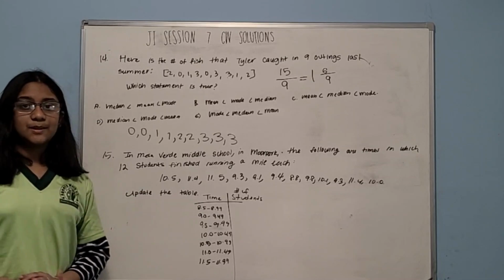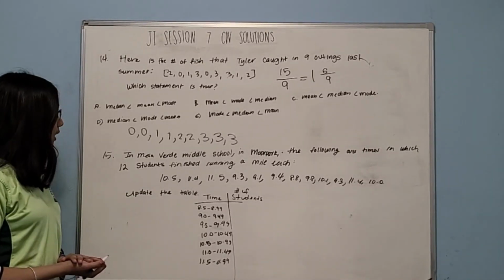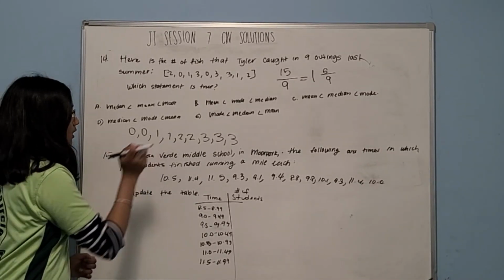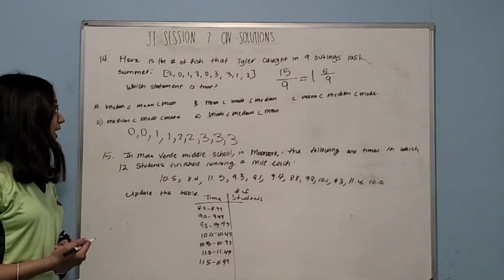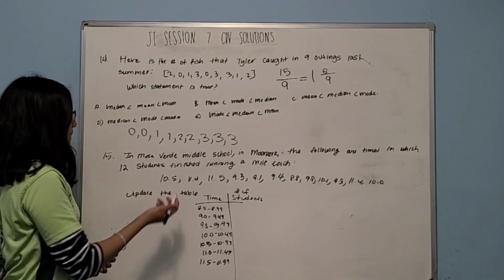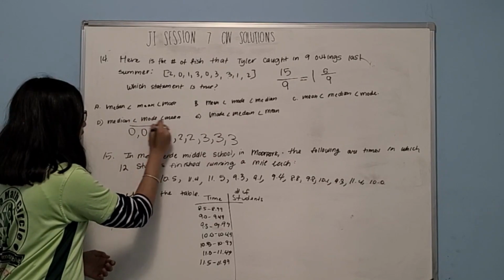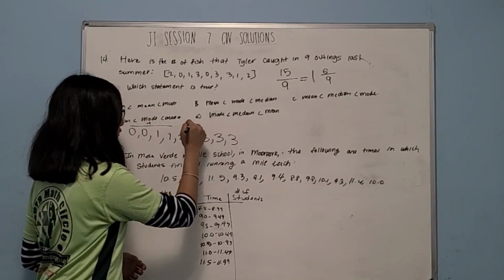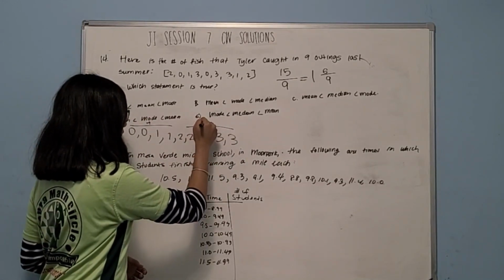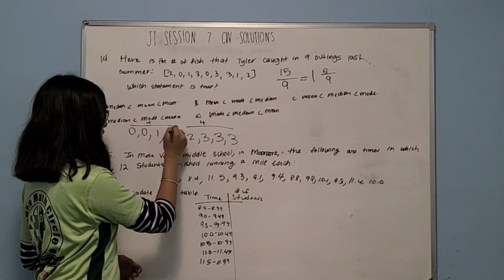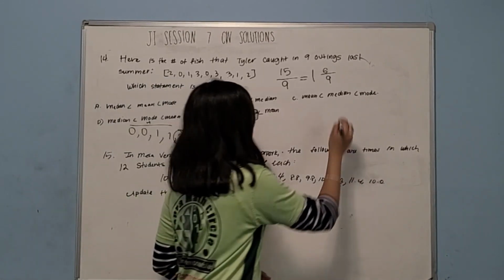Now, as I said before on problems 1 through 5, since it's an odd number, it's easier to find the median. If it's an odd number, that means we need to have 4 over here and 4 over here. And when we do that, we find that 2 is the median.